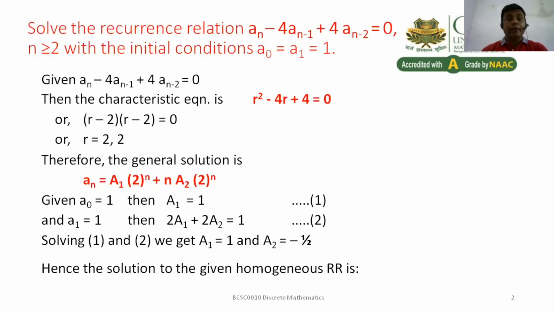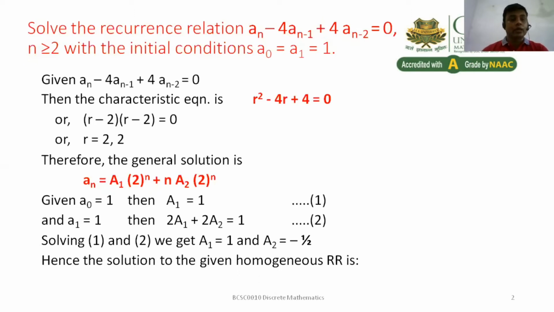If we place these values in the general solution, then the solution to the given homogeneous recurrence relation will be 2 to the power n minus 1 by 2 n into 2 to the power n, and that can also be written as (1 minus n by 2) into 2 to the power n.